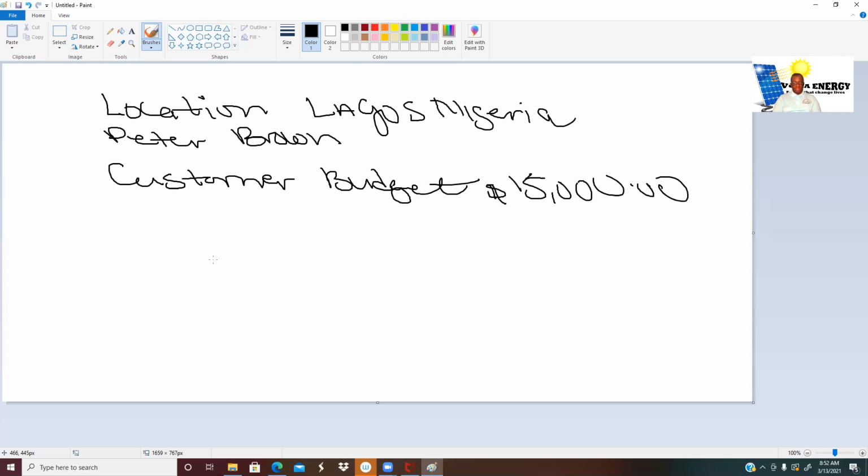We have to find kilowatts hour for that geographic location using our PV watts calculator.